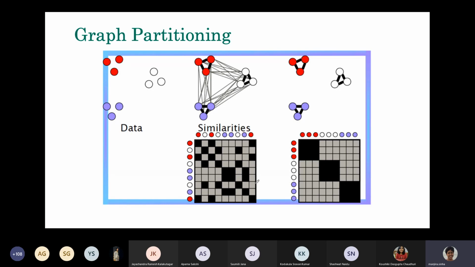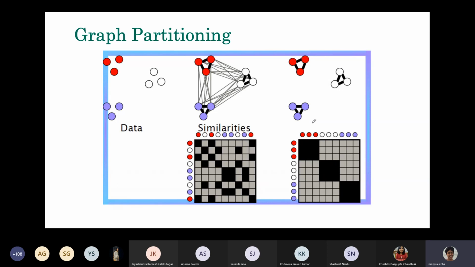So that's why the matrix looks like this. This is a completely connected graph, and on it our idea is to learn these three sets of partitions so that the matrix looks something like this. Okay, we now have three distinct subgraphs, and we have partitioned the graph from the fully connected graph. So this is my data. Based on similarity, we come up with the fully connected graph and the adjacency matrix, and based on this adjacency matrix, we come up with a graph partition.